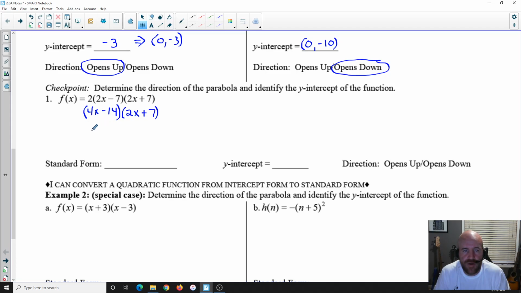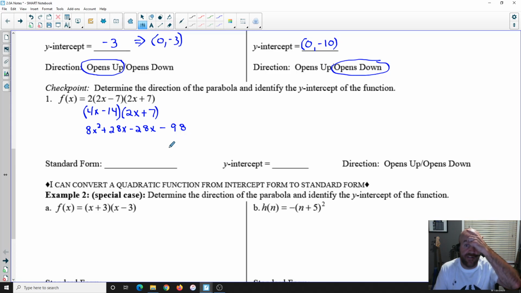So 4x times 2x is going to give us 8x squared. 4x times 7 is 28x. Now negative 14 times 2x is a negative 28x. And then negative 14 times 7 is going to be a negative 98.